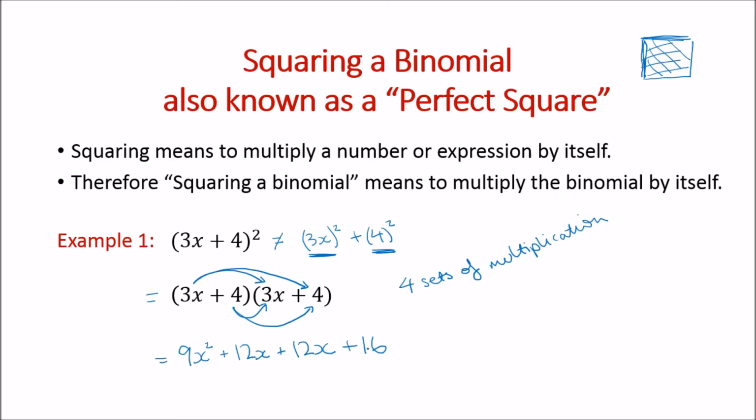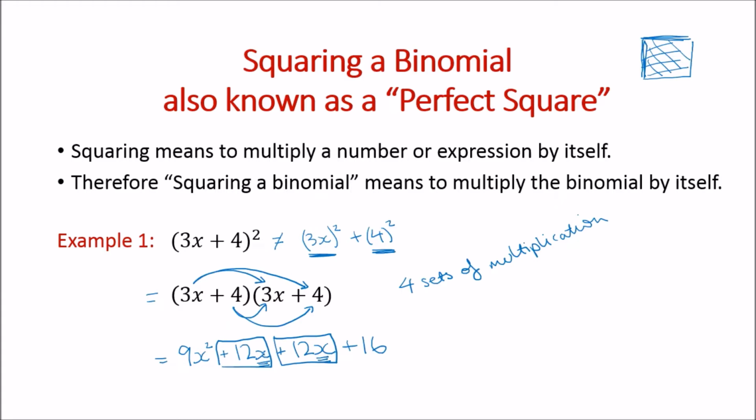At this point, we have expanded the expression, but we haven't simplified it, because if you look here, you can see we've got two like terms, the 12x and the 12x. And they are like terms because they both end in just the pronumeral x. If one ended in x and the other ended in xy, they wouldn't be like terms. Or if you look here, this one ends in x squared and this one ends in x.